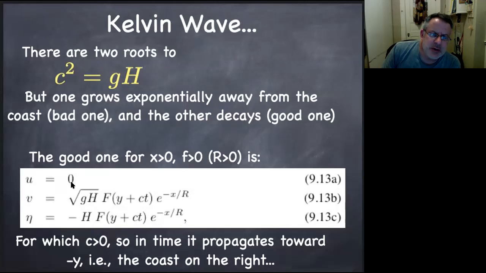And so u is 0 everywhere, but v is definitely not, and neither is eta. So there's this funny exponential decay in the x direction and non-dispersive propagation in the y direction. Really interesting. So in time, this kind of wave propagates toward negative y, that is, with the coast on the right in the northern hemisphere.